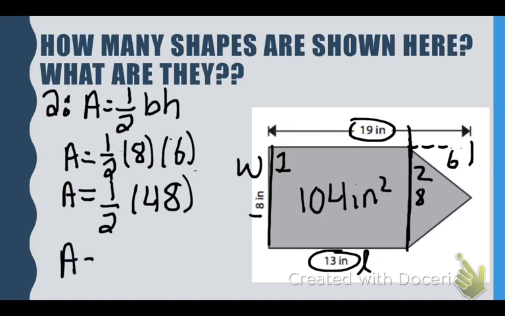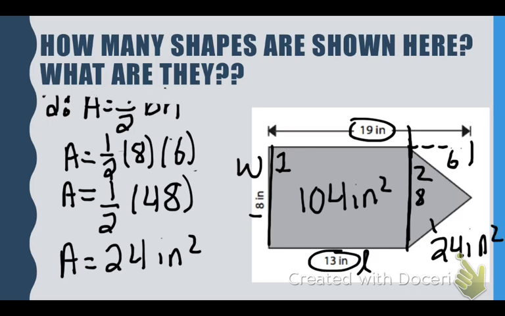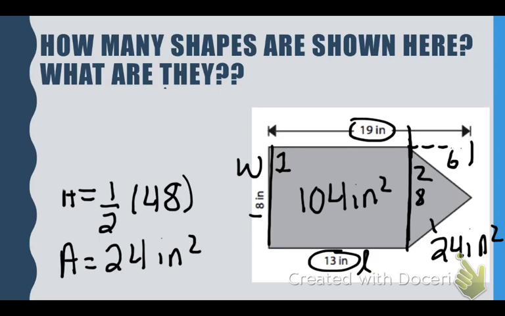So A equals 48 divided by 2, which is 24. So now I have my two shapes and their areas.